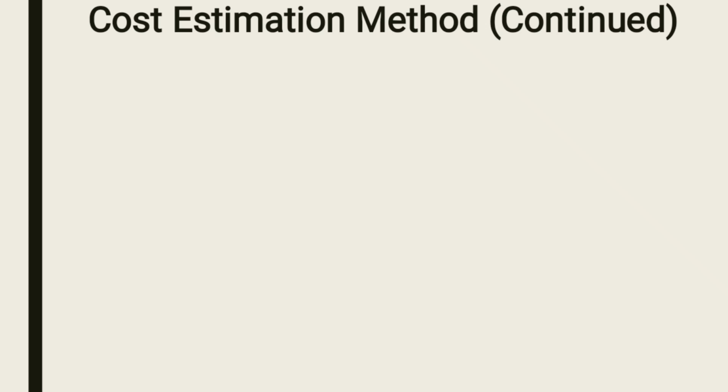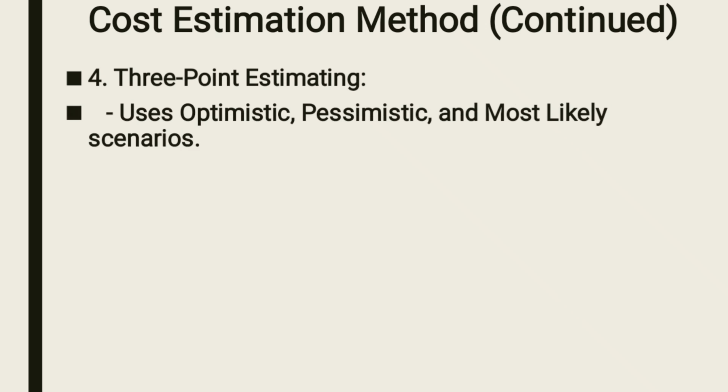Okay, so we are still continuing on the methods. Number 4, 3-point estimating. So this is another method. It uses optimistic, pessimistic, and most likely scenarios, right? So on 3-point, we use this particular formula. This particular formula is very similar to the one which we also use to estimate time, right?